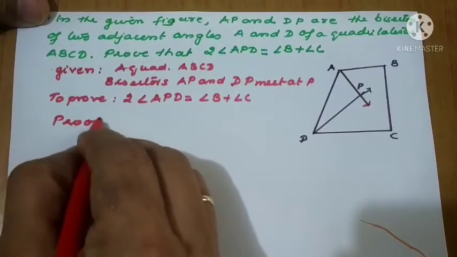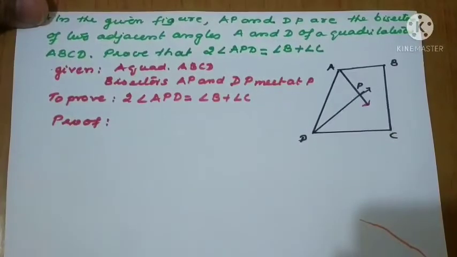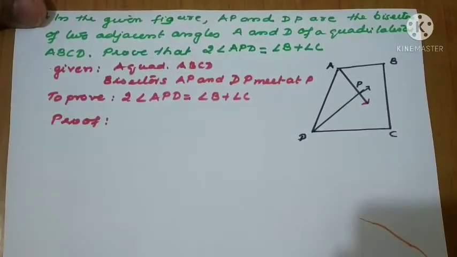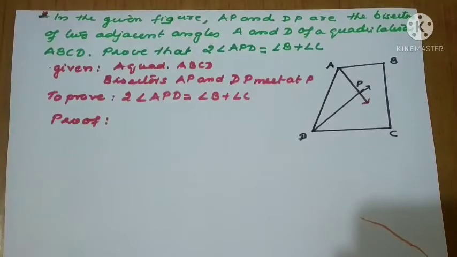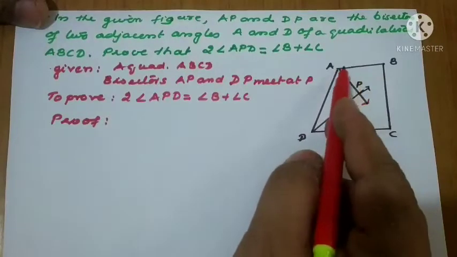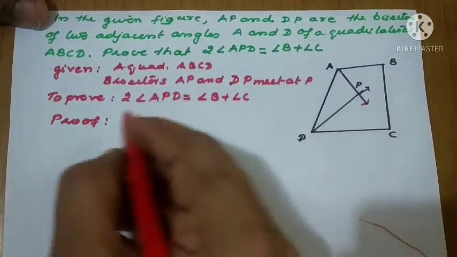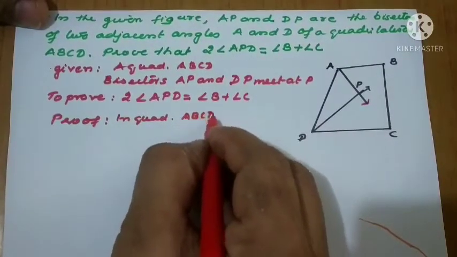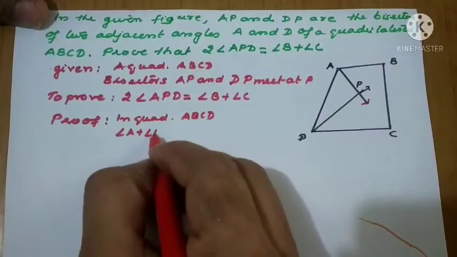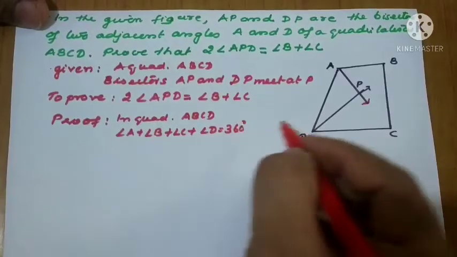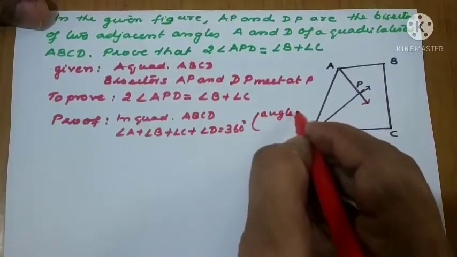Proof. It is similar to our last sum, and last time the sum was asked in the triangle. Now it is asked for the quadrilateral, right? Last time we applied it for triangle ABC, now we have to go for the quadrilateral ABCD. So in quadrilateral ABCD, angle A plus angle B plus angle C plus angle D equals 360 degrees, angle sum property.